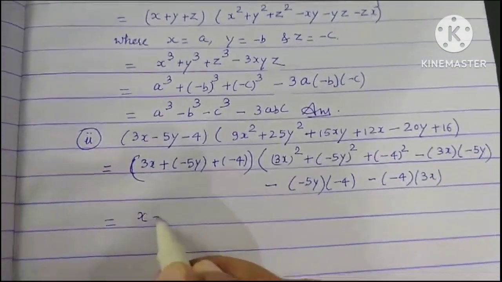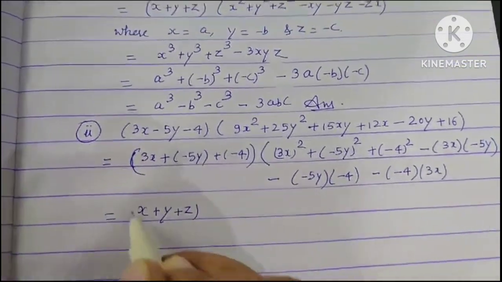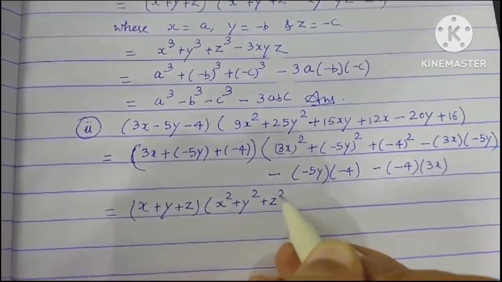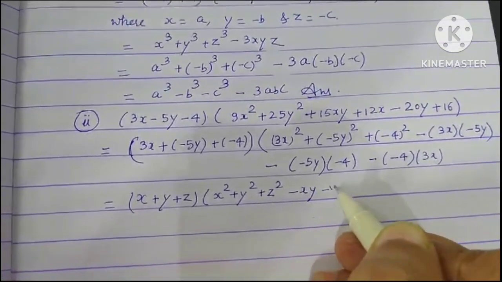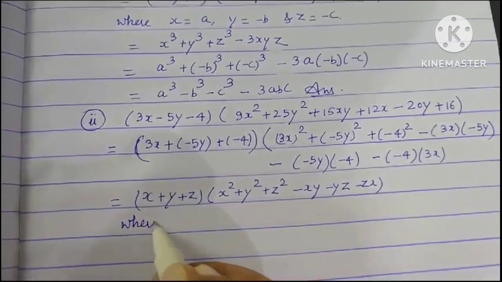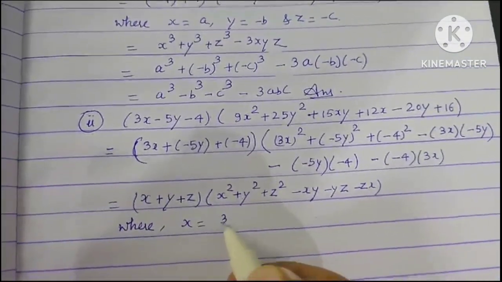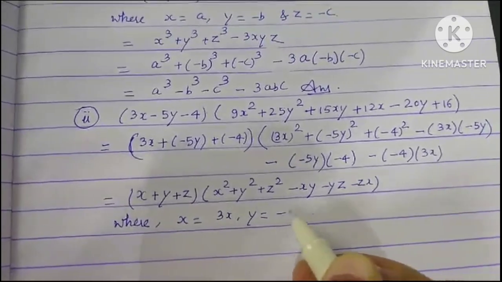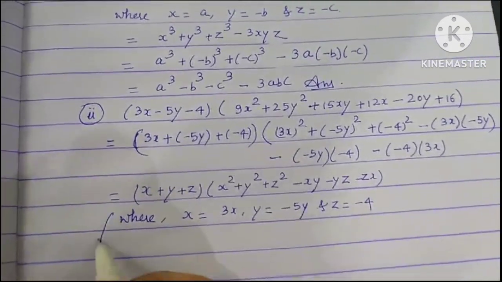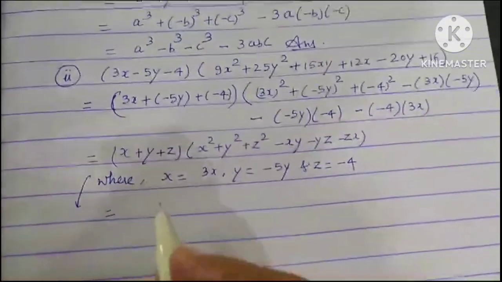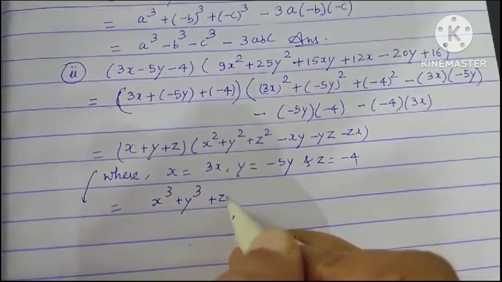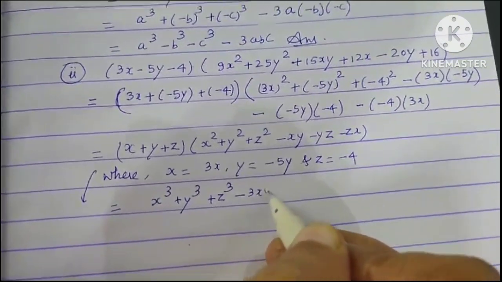So this is of the form of x plus y plus z, x square plus y square plus z square minus xy minus yz minus zx, where x is equal to 3x, y is equal to minus 5y and z is equal to minus 4. So we will write it like this, that will be equal to x cube plus y cube plus z cube minus 3xyz.